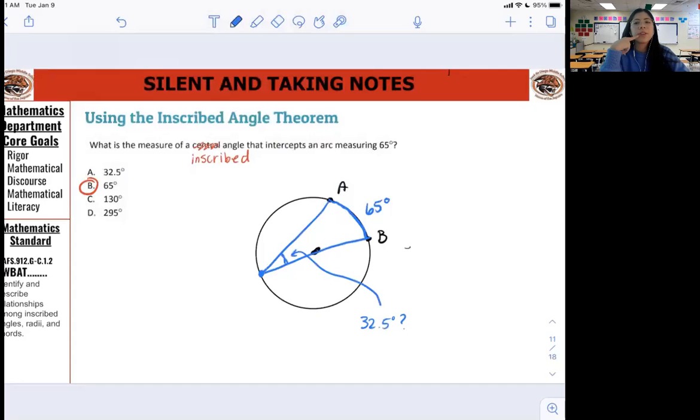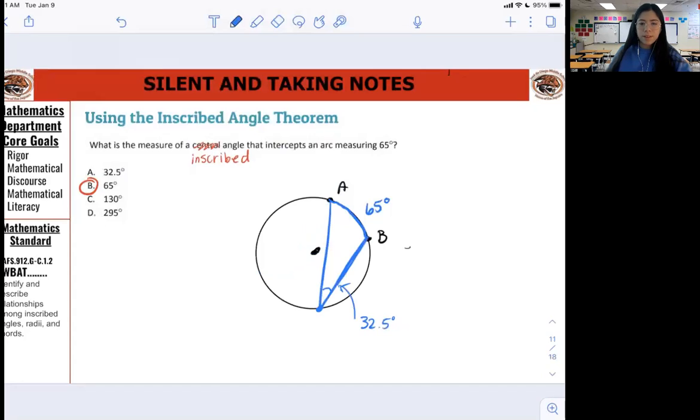Where are you getting 45 degrees from? Oh, no, I'm asking if, okay. Let me go back. We already said that this is 32.5 degrees. My question is, if I move it over to somewhere else, like over here, would it still be 32.5 degrees? Yes, it would. What if it was over here?